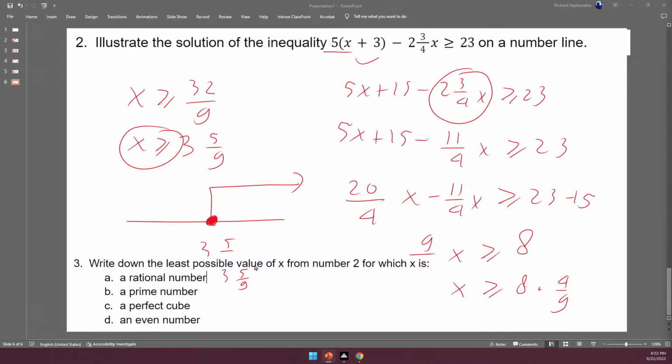Okay. So rational number, it is done. For the prime number, we want something bigger than this. So the closest one is 5. What is a rational number? A rational number is a number that can be a fraction, can be decimal, any number, as long as it has a pattern. For example, let me make a new slide.